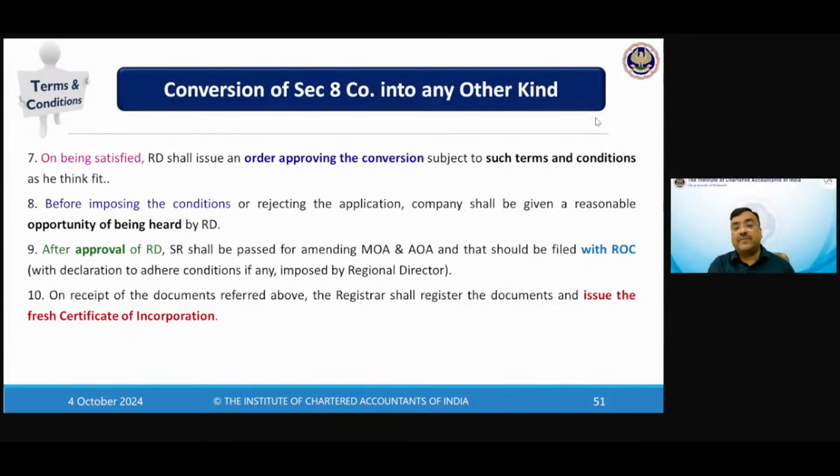And on the receipt of the documents referred to, the registrar, that is ROC, shall register the document and issue the fresh certificate of incorporation. Right?